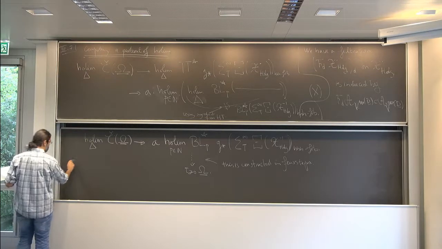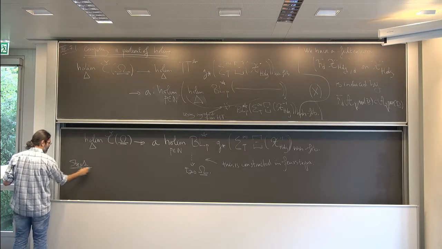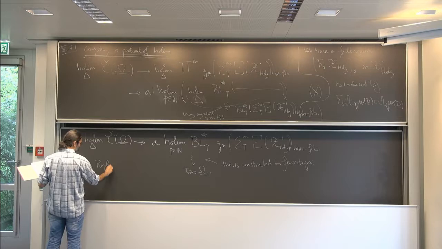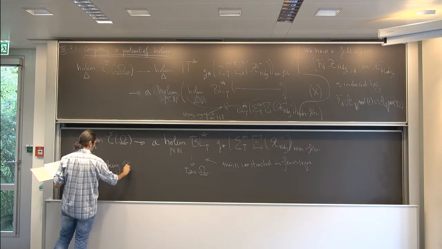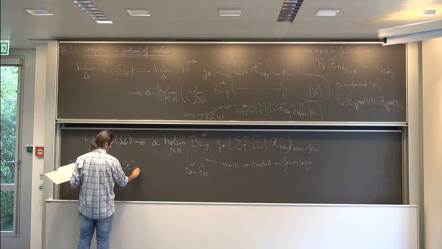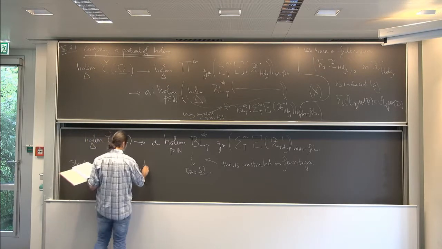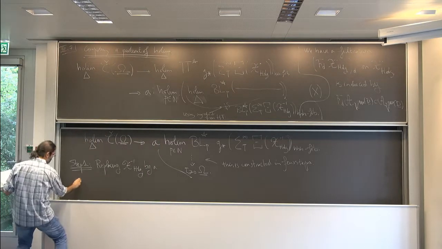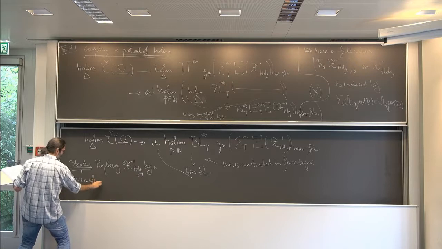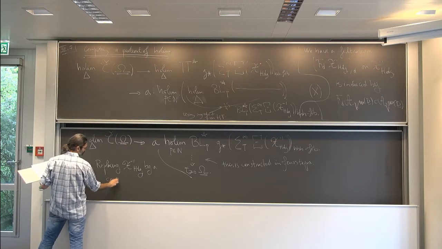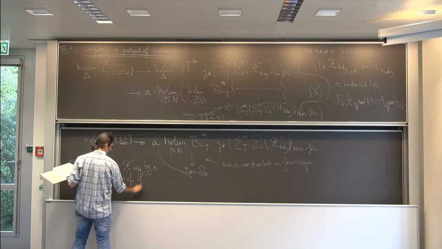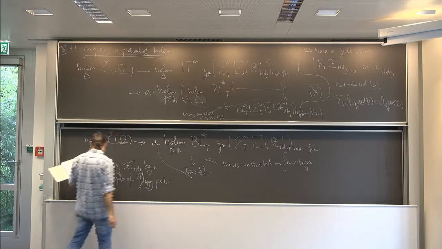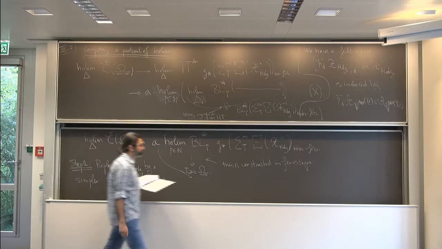Okay, so step 1 is replacing χ minus 1 Hodge by a simpler complex. Let me describe to you this simpler complex.